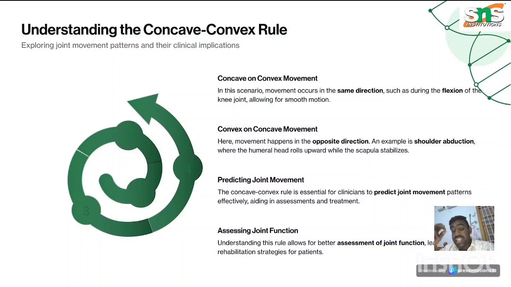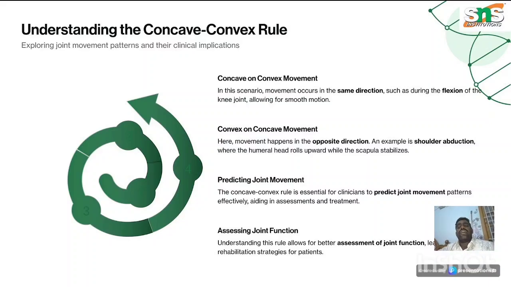In predicting the movements, when concave moves on convex, the movement occurs in the same direction, such as during flexion, where the knee joint allows for smooth motion. When convex and concave move in opposite directions, for example in shoulder joint adduction, the humeral head rolls upwards while the scapula stabilizes the joint.